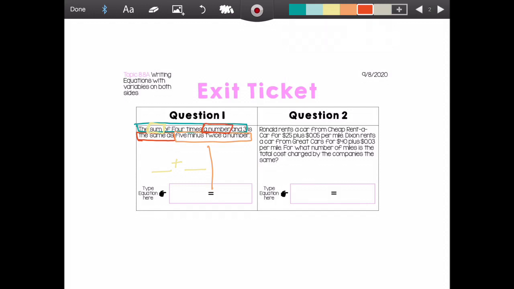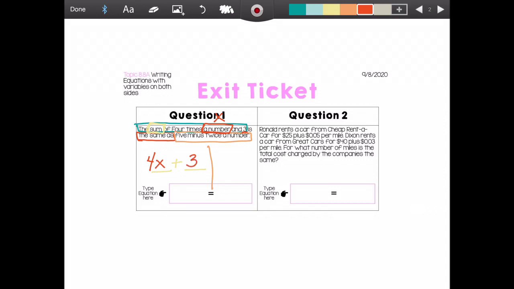It just says some number. So that's how I know that's my variable. 4 times the number means I'm going to multiply 4 times the variable. So we can write this as 4 as the coefficient and x as my variable. And then it says and 3. So that's the second thing that I'm adding.